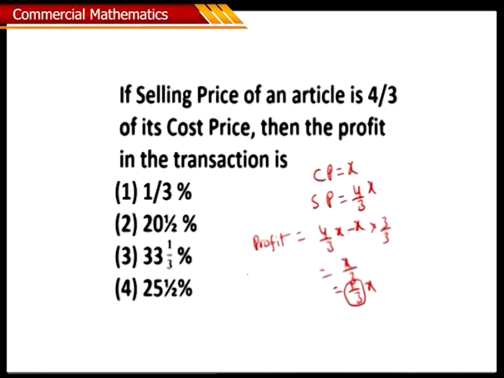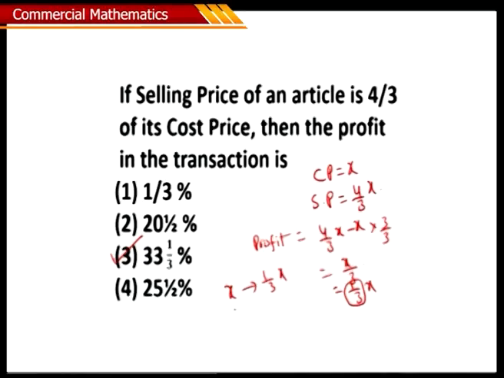Profit is 1/3 of X. 1/3 of X means it is 33 1/3%. How do we calculate here? For X the profit is 1/3 of X. Percentage means per 100, how much will it be? So 1/3 of X into 100 upon X. So you can see it is 100/3. 100/3 means 33 1/3%. This is the way in which we can calculate.